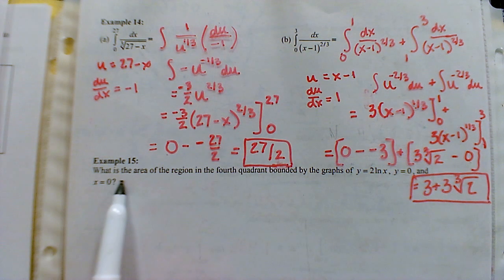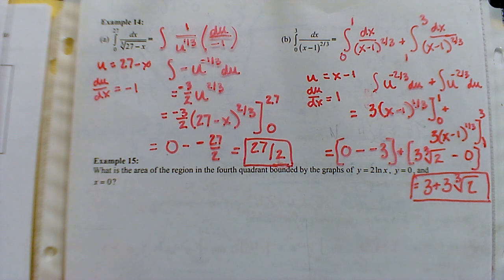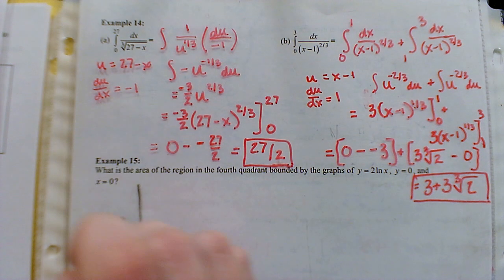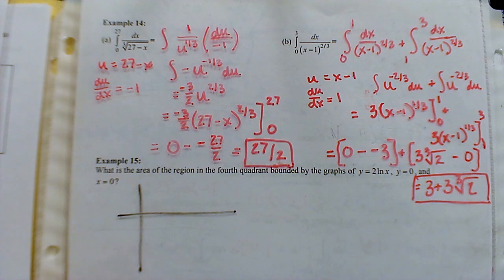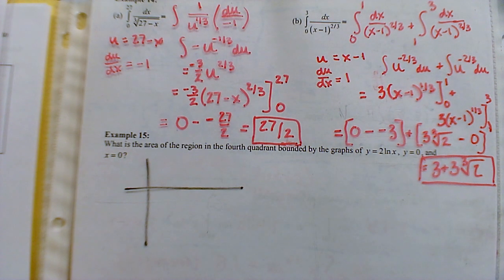All right, let's check out some more. Same kind of concepts here. Maybe we'll draw a picture to help us out, though. What is the area of the region in the fourth quadrant bounded by the graphs of 2 natural log of x and y equals 0? So fourth quadrant, we're below the x-axis. Do we know what the natural log of x graph kind of looks like?